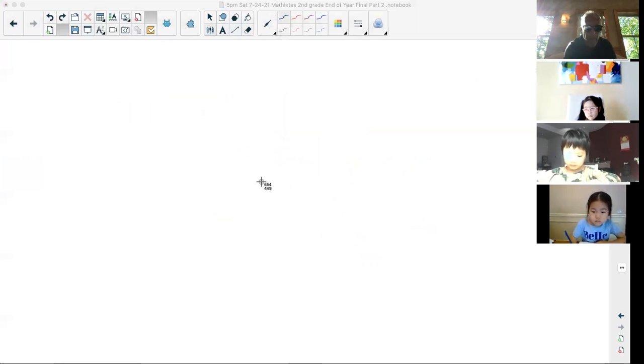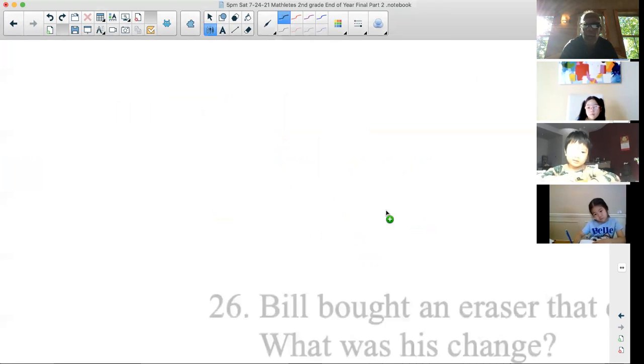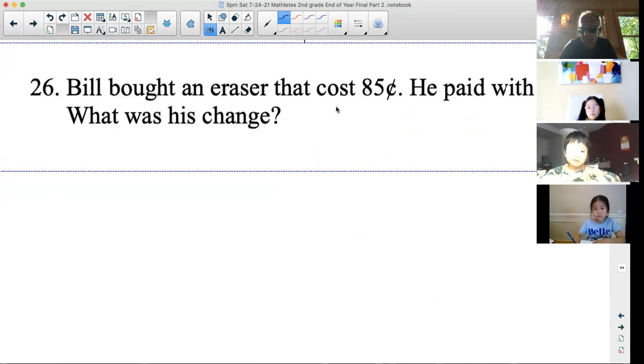Okay, in the next problem, Bill bought an eraser that cost 85 cents. He paid with a $1 bill. Now I want everybody thinking about this. He bought an eraser for 85 cents. He paid with $1. What was his change? Don't say it out loud yet.